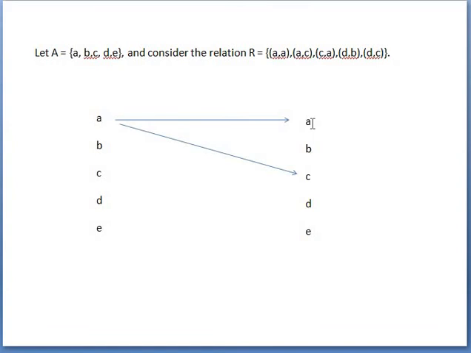Similarly, the third is CA, so from the first set element C, I have a relation to the second set element A. Next, DB. From the first set D, I can draw a line to the second set B. And the last one is DC, so from the first set D, I can draw a line to the second set C. So this is the graphical representation of that particular relation R.